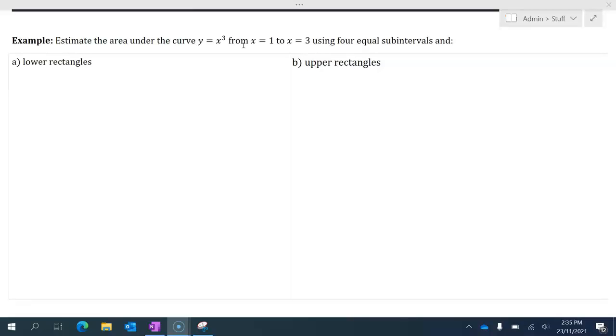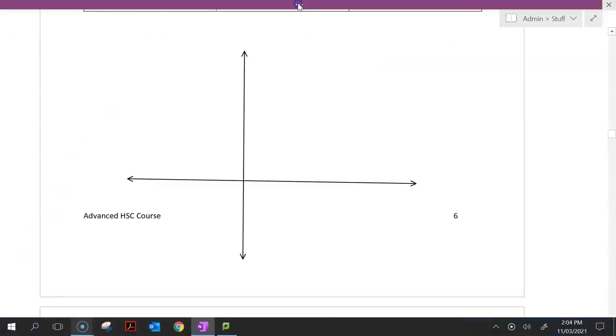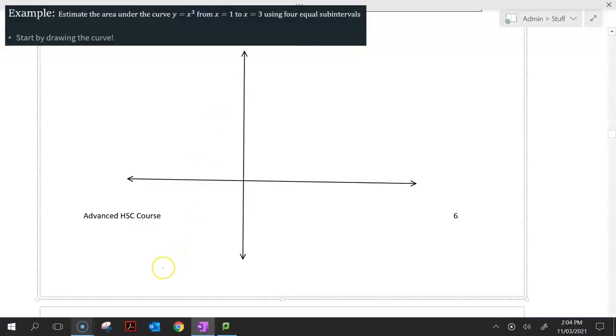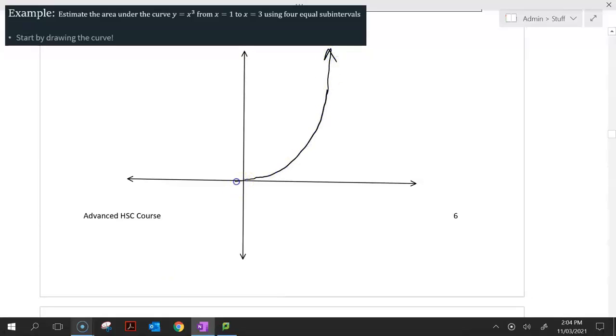So let's have a think about this curve. We're going to need to draw the curve first. So the first thing we're going to do is sketch y equals x cubed. Hopefully we remember what that looks like. Something like this.